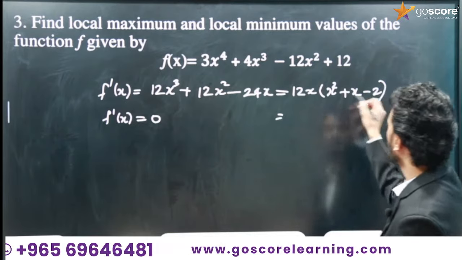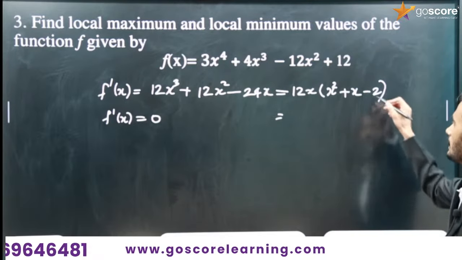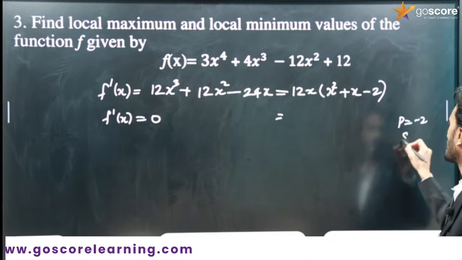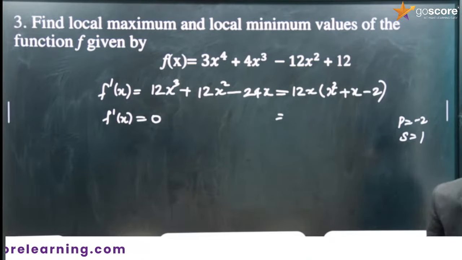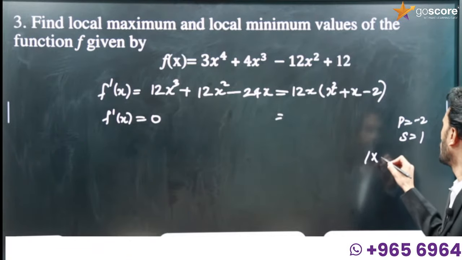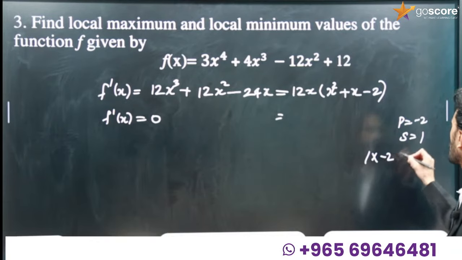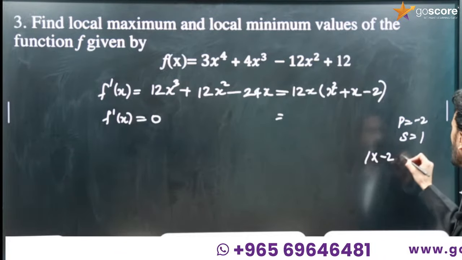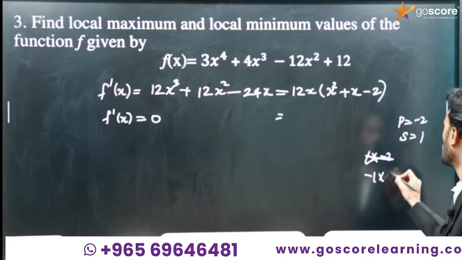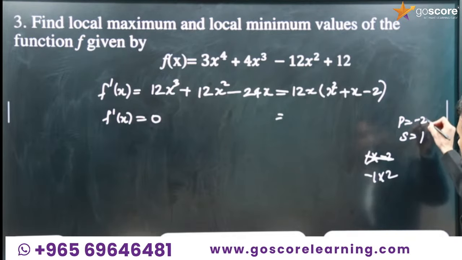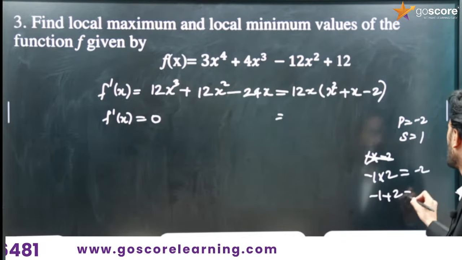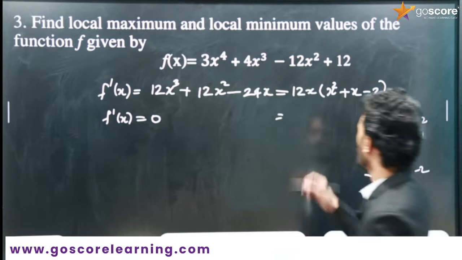Here the product is minus 2 and the sum is 1. 1 and minus 2 give sum minus 1, so this is not valid. Minus 1 and 2 give product minus 2 and sum 1. Yes, correct.